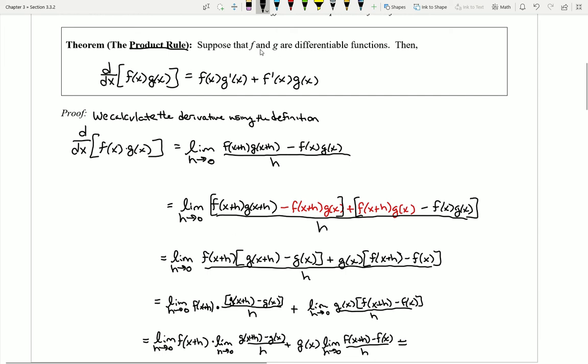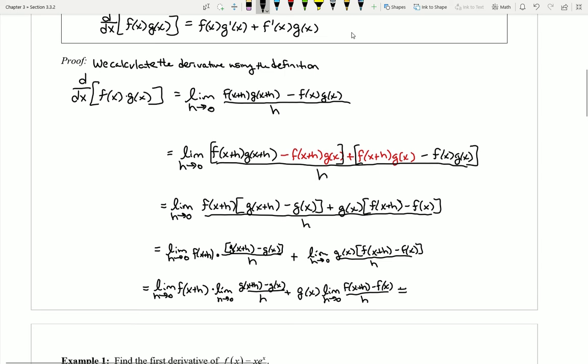All I was told is that my functions were differentiable. Well, if you think back to our section on differentiability, you might recall that if a function is differentiable, then it must be continuous.